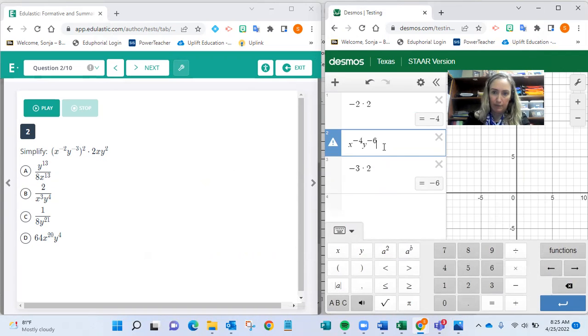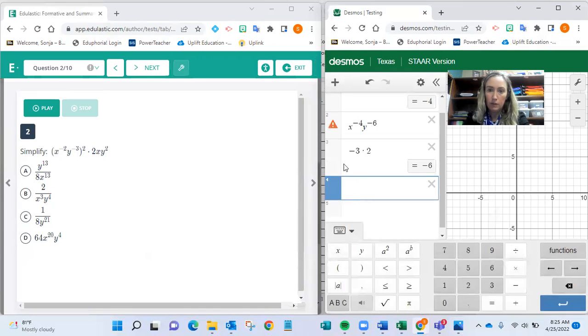So I've gone ahead and I've taken care of raising them to a power, but then I would need to make sure I multiply by x and y squared. So when I multiply, it would be like adding. So right here, I would be adding 1 from this exponent here.